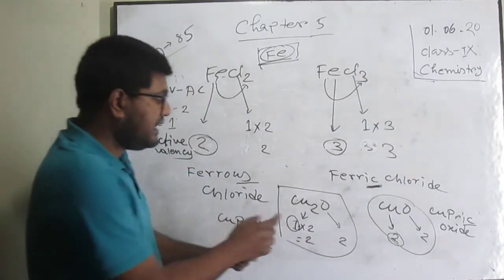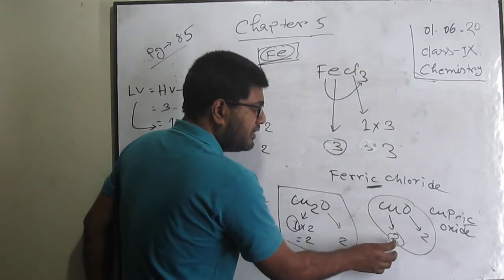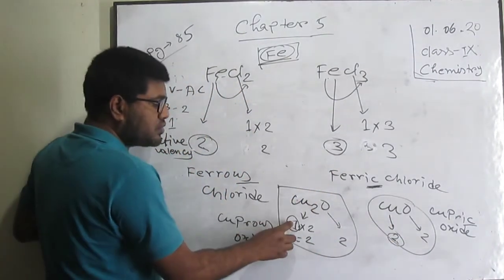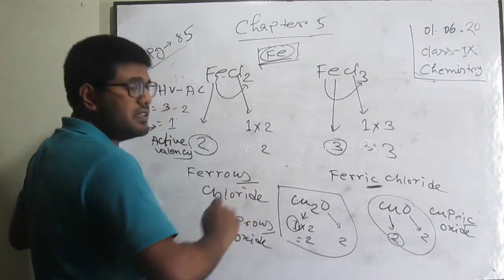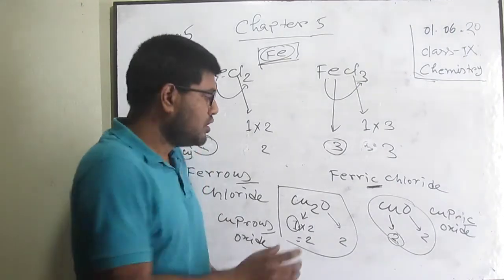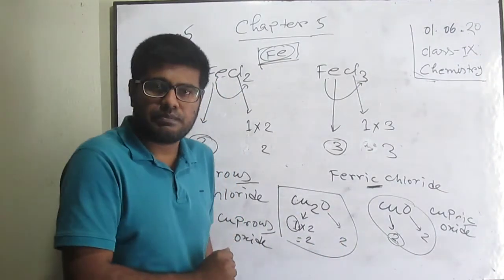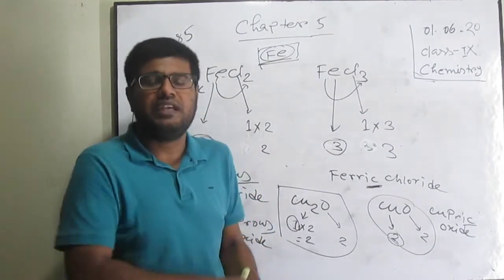Here individually 1 atom of copper has valency 1 and combinedly 2 atoms of copper have valency 2, because oxygen can accept 2 electrons. So we should think about these things properly.